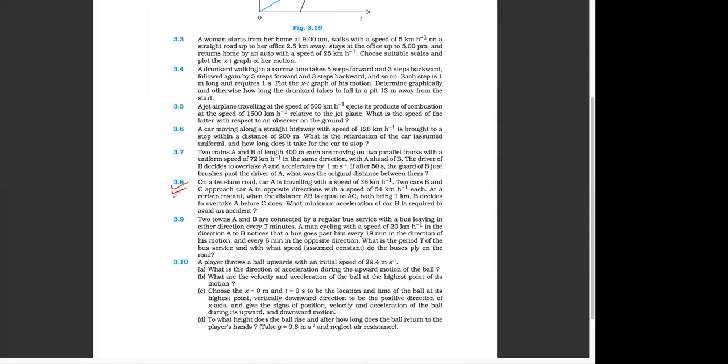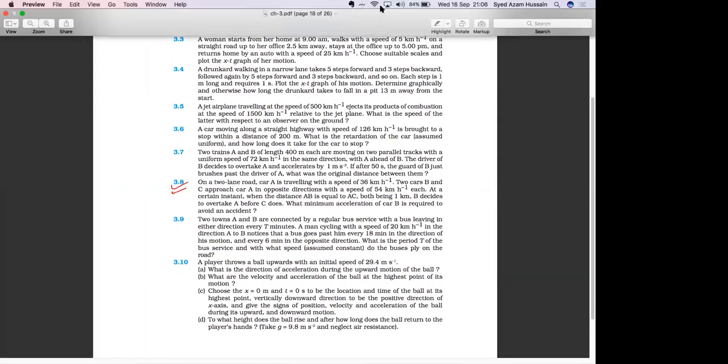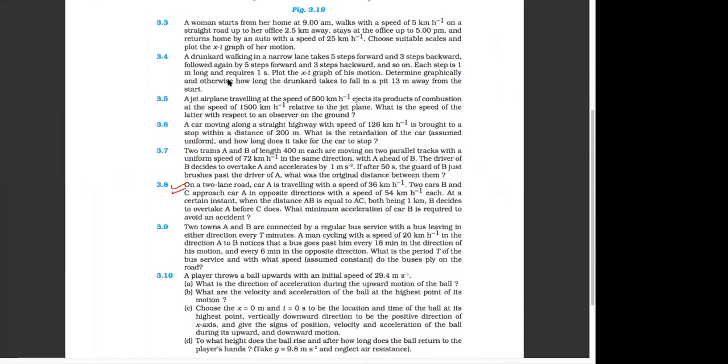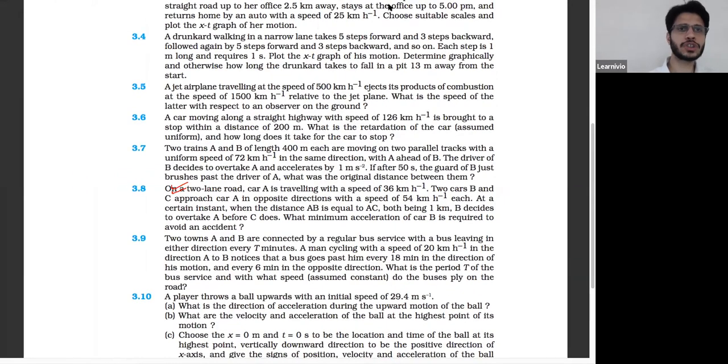Let's start with question number 3.8. Is it visible? Yes, sir. So no need to write the question, just write the question number. You must be having NCERT with you.